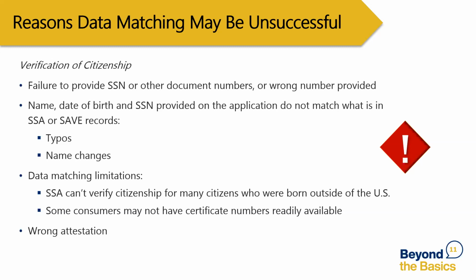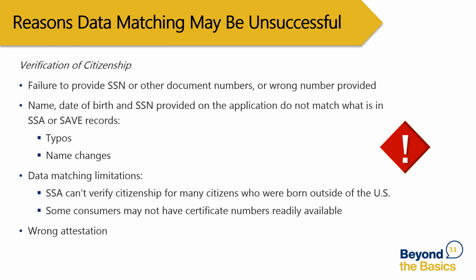Sometimes there are other factors, right? Like I mentioned beforehand, sometimes people have changed their immigration status, or there are some limitations in the data sources. Some people were born outside of the US, and even if they got their citizenship right away, because maybe their parents are US citizens but they were living abroad, the Social Security Administration simply isn't going to be able to corroborate or substantiate the claim of citizenship.